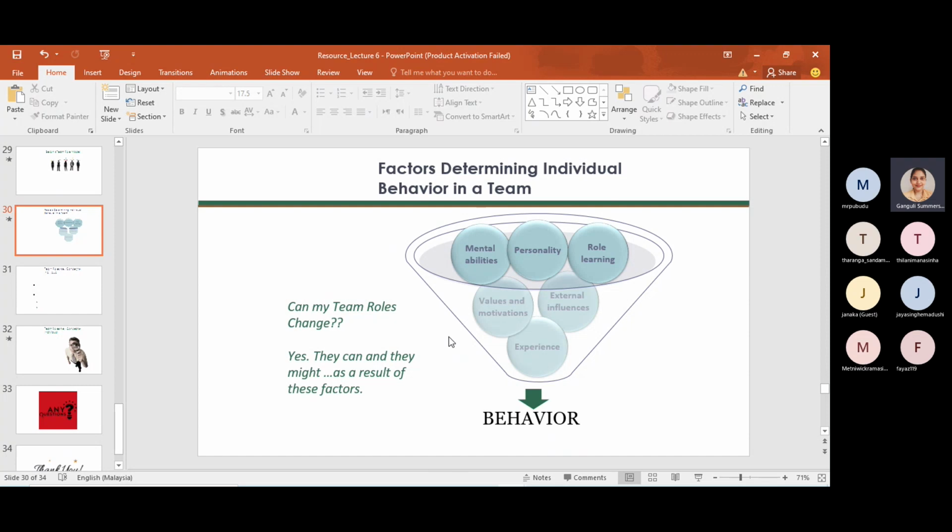Your behavior changes due to all these reasons. So your behavioral patterns or your team roles can change due to all these reasons mentioned here. Team roles are not something fixed. Team roles can change over time due to these reasons.